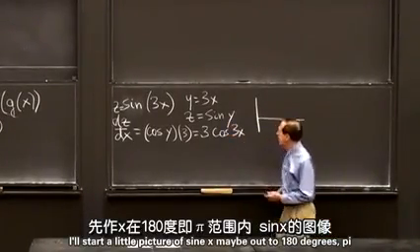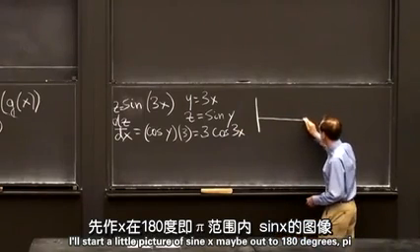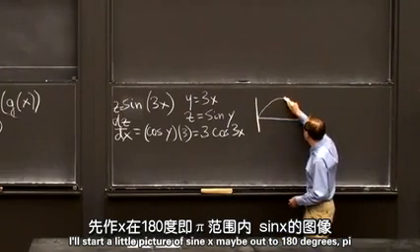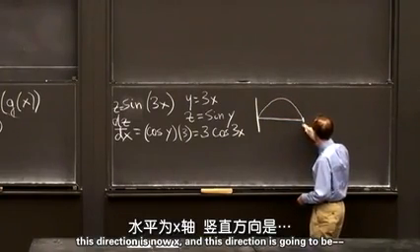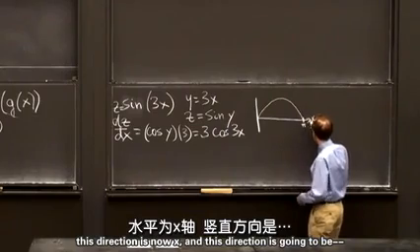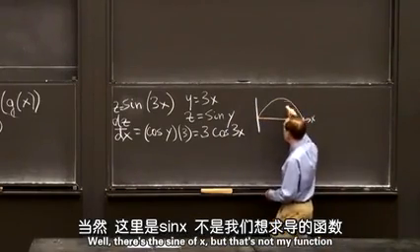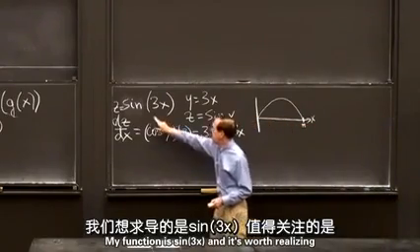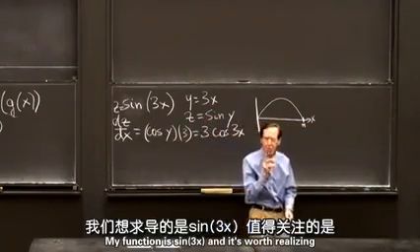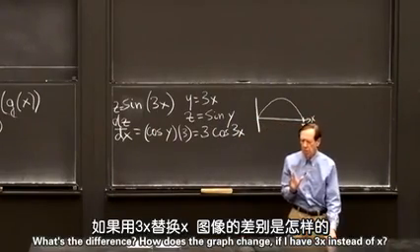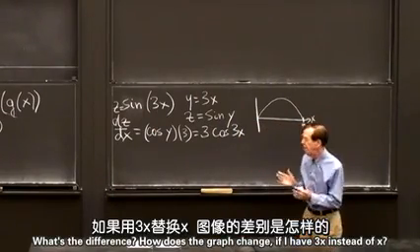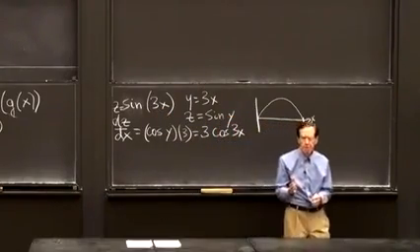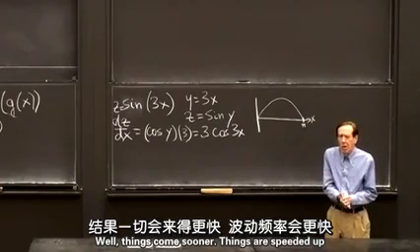If I draw a picture, I'll start with a little picture of sine x, maybe out to 180 degrees, pi. Here, this direction is now x. And this direction is going to be, well, there's the sine of x, but that's not my function. My function is sine of 3x, and it's worth realizing what's the difference? How does the graph change if I have 3x instead of x? Well, things come sooner.